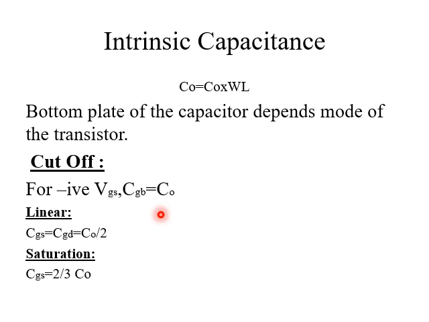At low values of VDS, the channel charge is shared between source and drain, so CGS equals CGD, each equal to C0 divided by 2. As VDS increases, the region near the drain becomes less inverted, so a greater fraction of the capacitor is at the source and a smaller fraction at the drain. This is the linear region.